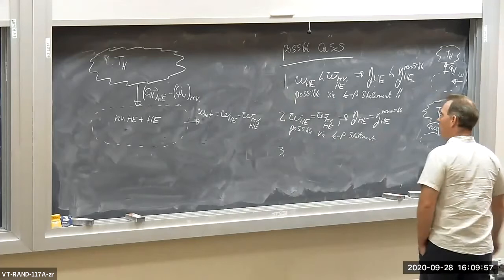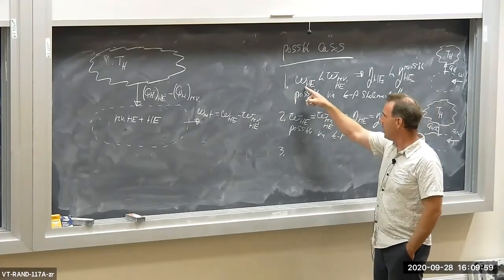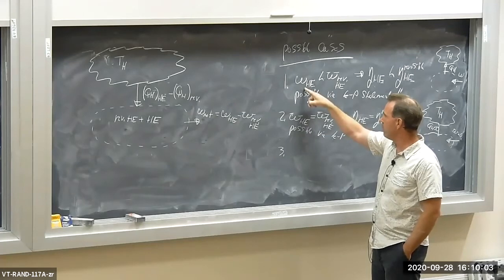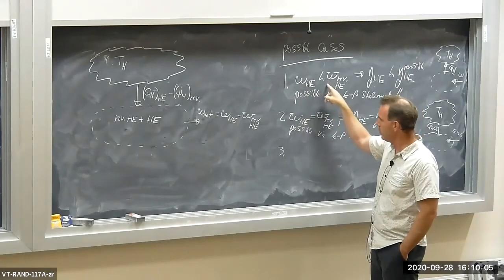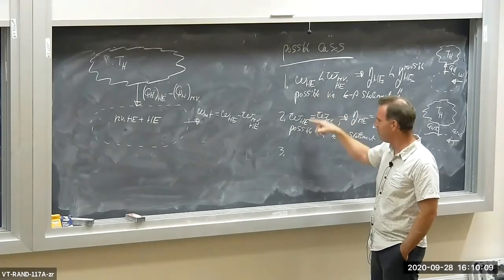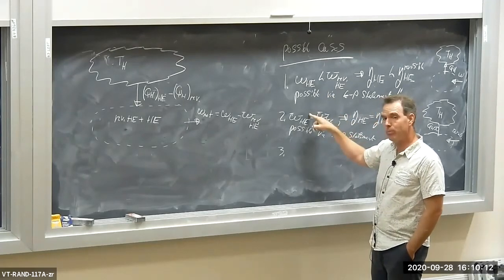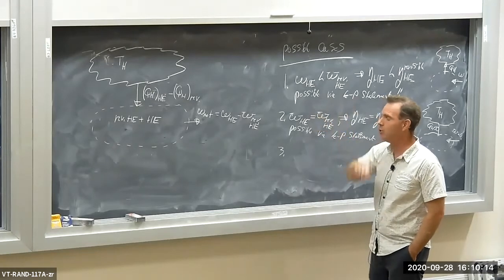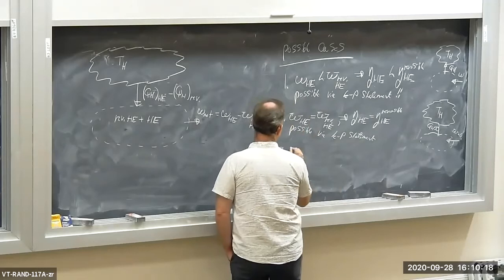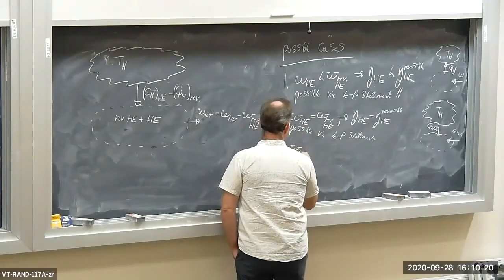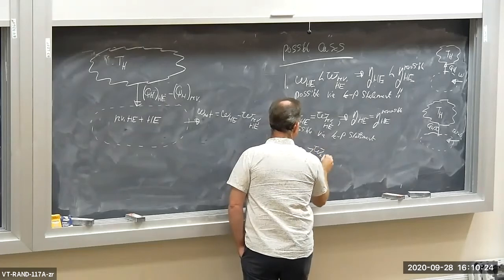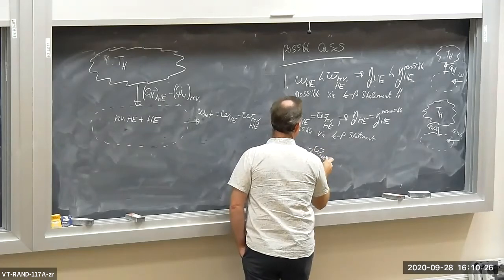Let's say that the work of the heat engine, we first asked what the state of affairs was. It would produce less work than the reversible, equal work. The only remaining case is the heat engine produces more work than the reversible heat engine. W heat engine greater than W reversible heat engine.